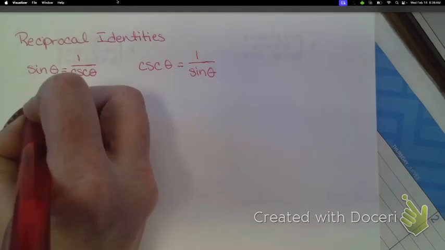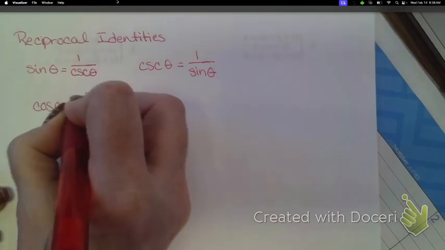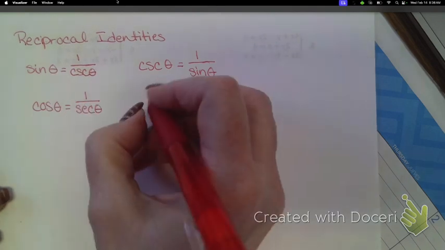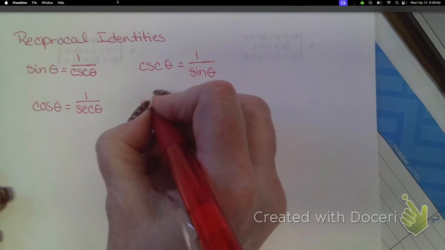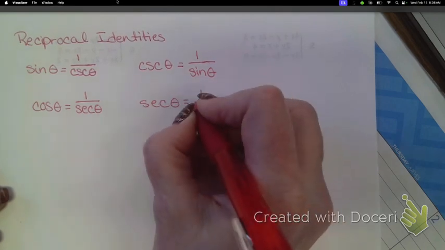So cosine of theta is 1 over what? Secant of theta. And secant of theta is 1 over cosine of theta.